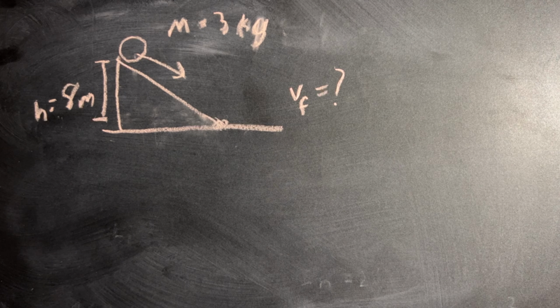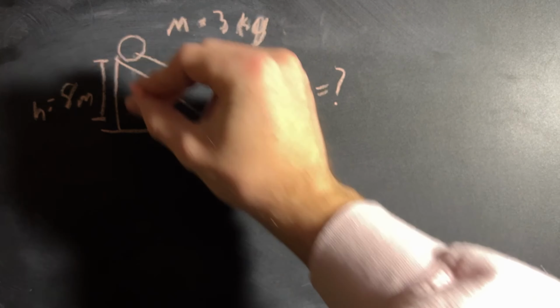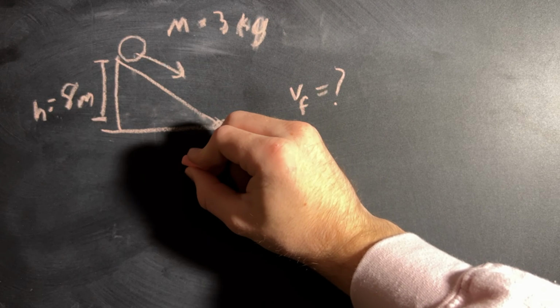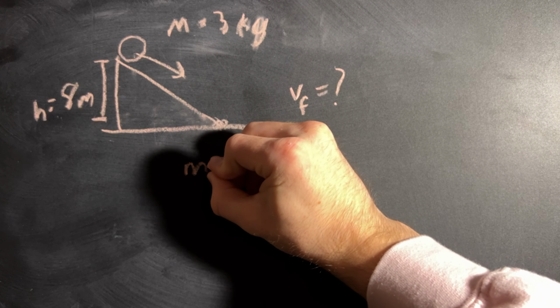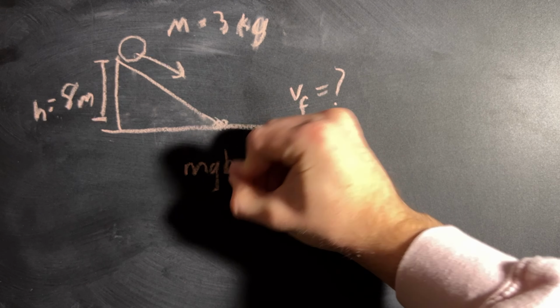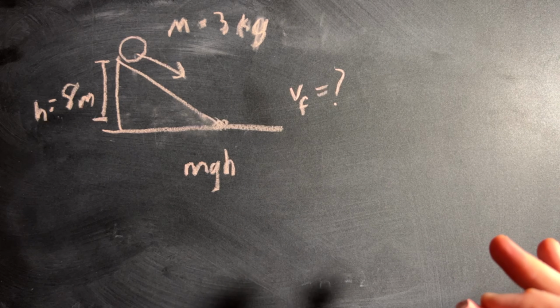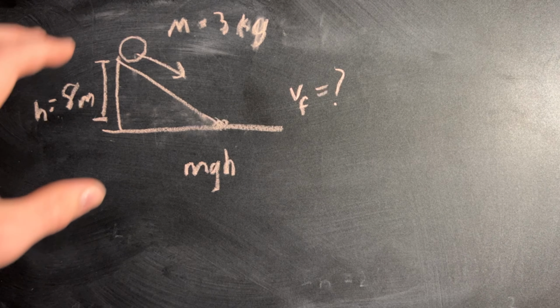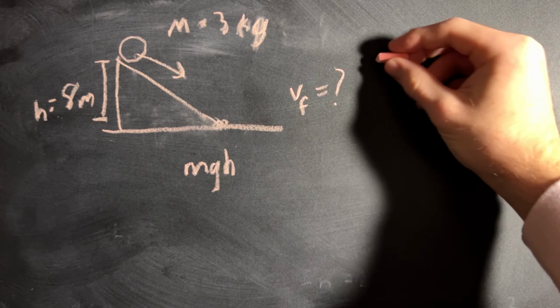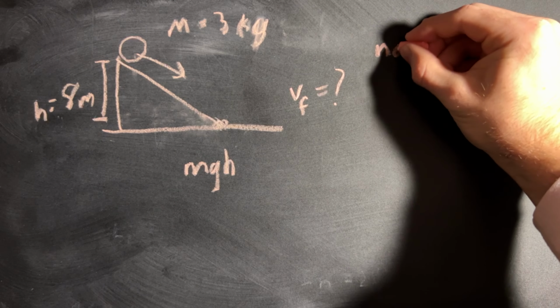So, what we know is that this object at the top of the ramp has a potential energy of mgh. And it's also important to note that this system here has no slipping.